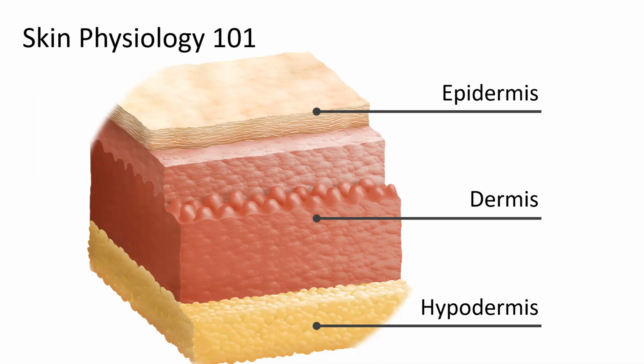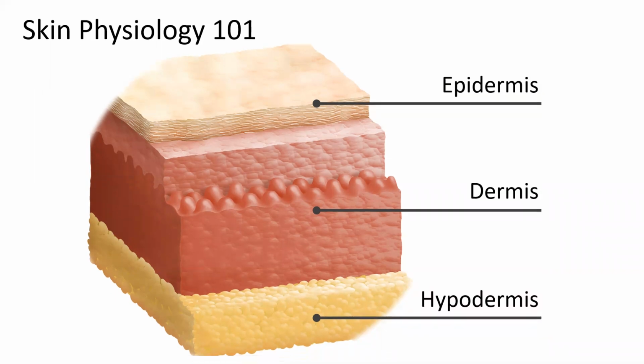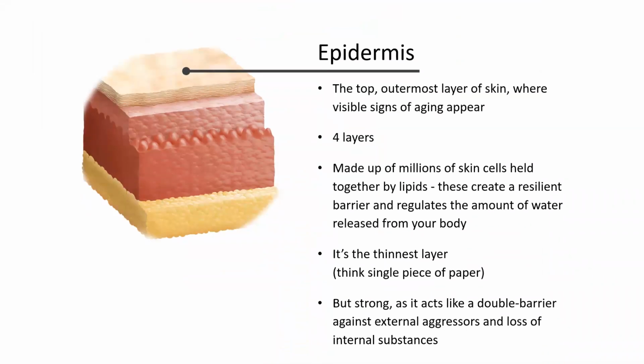Let's review the 3 basic layers of skin: epidermis, dermis, and hypodermis. First up, epidermis. The epidermis is the top most outer layer of your skin. This is where all of your visible signs of aging are going to appear. Your epidermis actually has 4 layers.